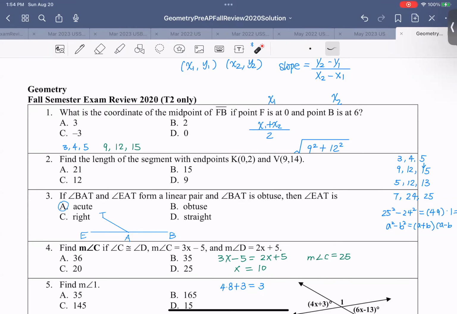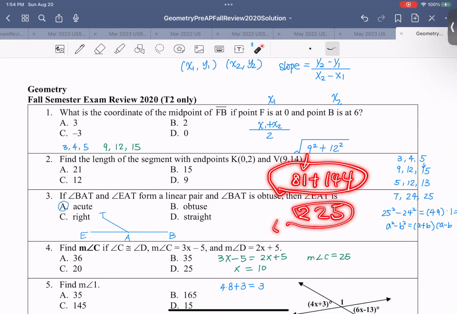Good job, Angela. Who else? As a student, you use the distance formula. You do this minus this, squared, plus this minus this, squared. So if you use this, it's 81 plus 144, and then this gives you 225, and then you figure out this way is going to be too slow.